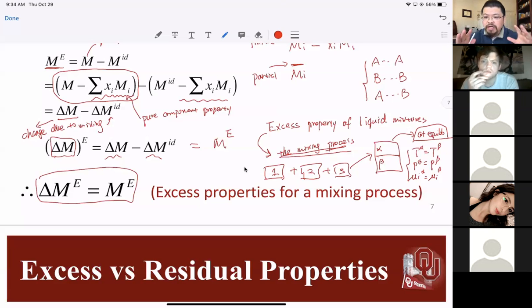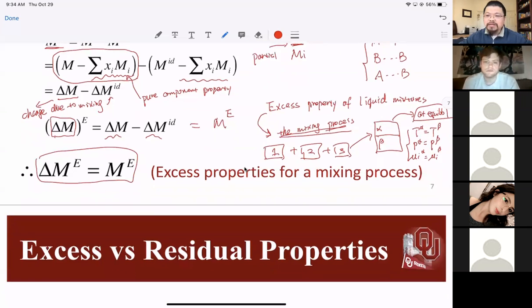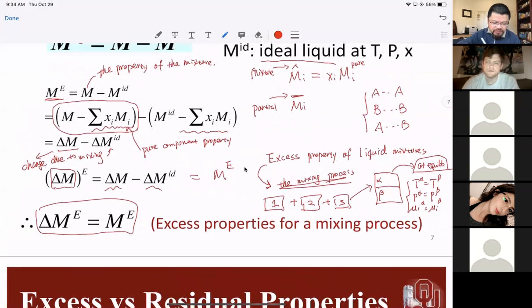So we are getting closer to the more interesting stuff, but we need to take care of it one by one, all right? So this is the reason for having those manipulations and trying to understand that the excess property is going to be helpful for the mixing process.